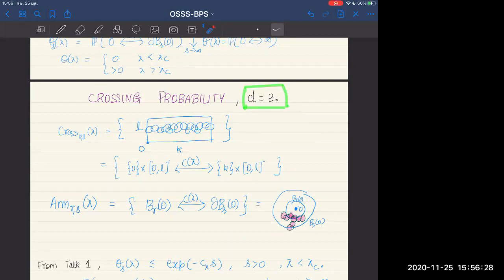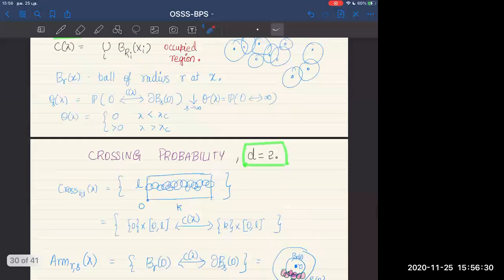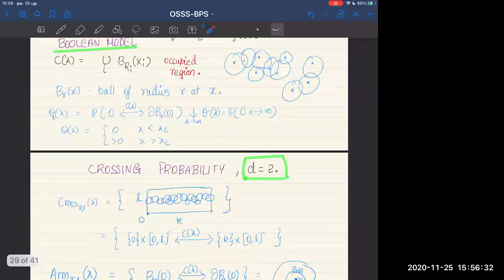Roman's question is: is theta lambda always continuous? I think it's equivalent to theta of lambda c being equal to 0. So continuity is equivalent to theta of lambda c equal to 0. And theta of lambda c equal to 0, I think, is known in dimension 2 and high enough dimensions, as per my understanding.